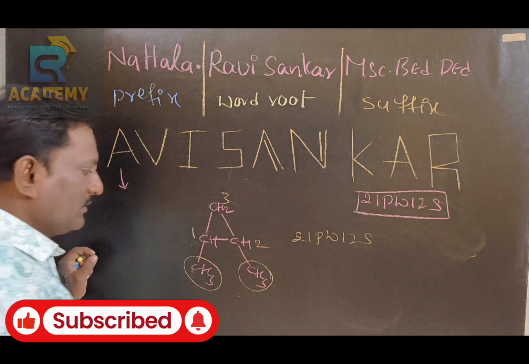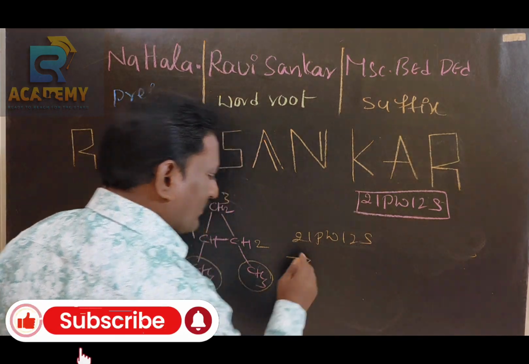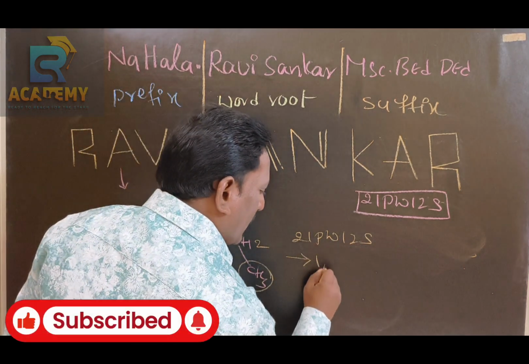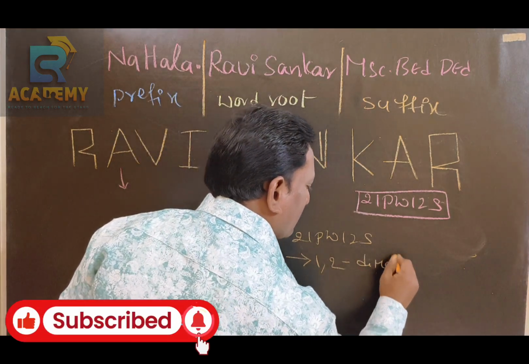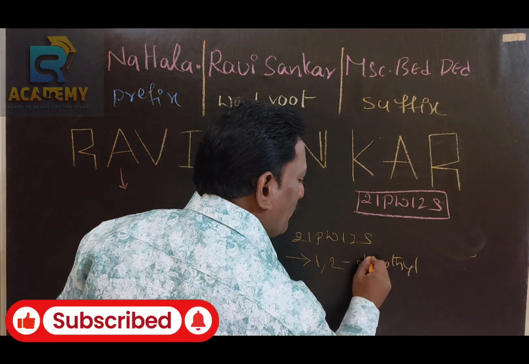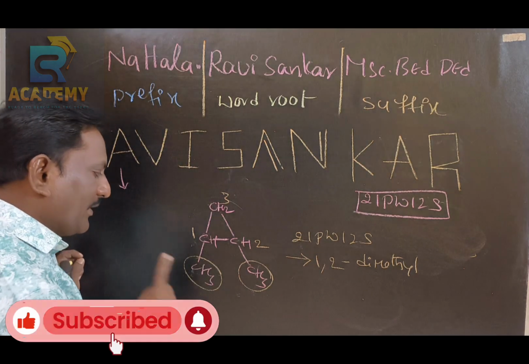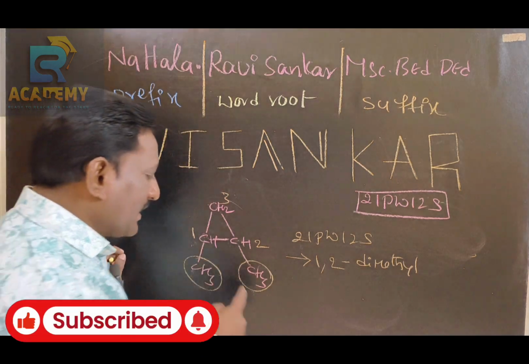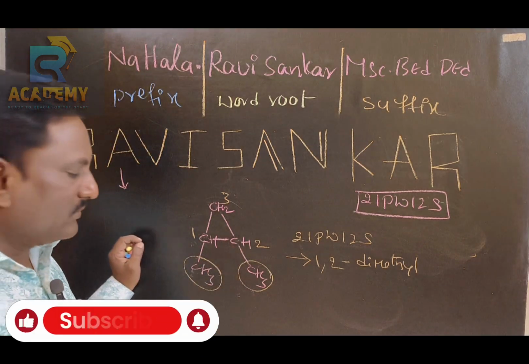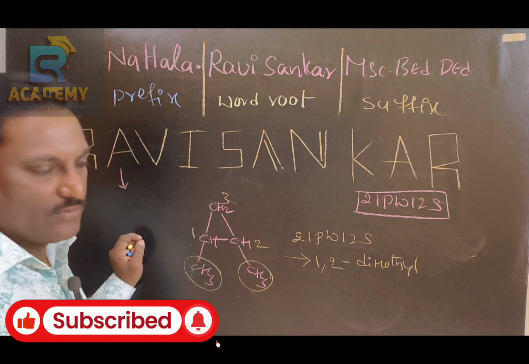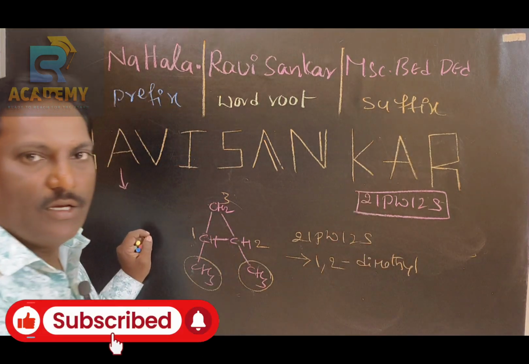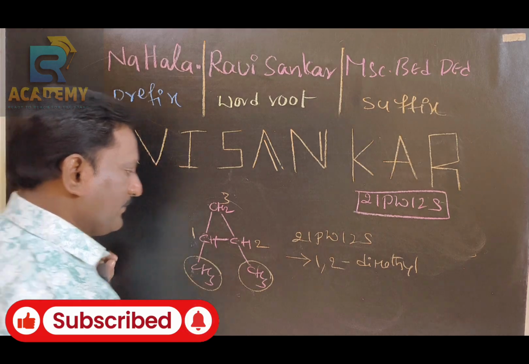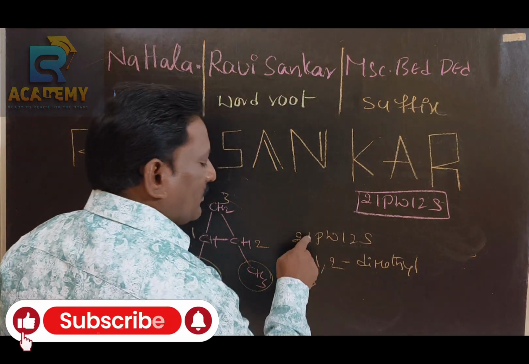Let us write the details: 1, comma 2, dimethyl. Two methyl groups are there. One will be at the first carbon and the second one at the second carbon. So that's why I should use 1, comma 2 dimethyl.